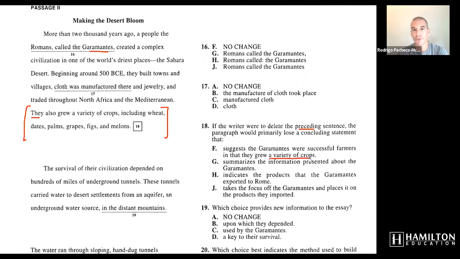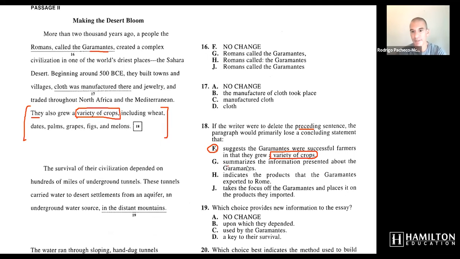Well, this is true, and we're able to link some of the terms in the answer choice to terms that we see in the sentence itself. And this is always a good indication of the correct answer. You want to be able to connect ideas very clearly. This is, in fact, our correct answer for number 18.